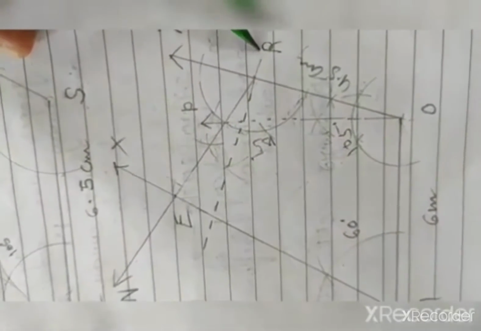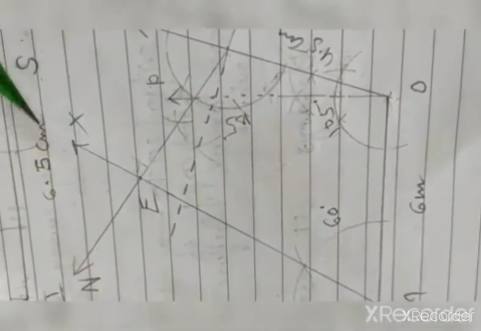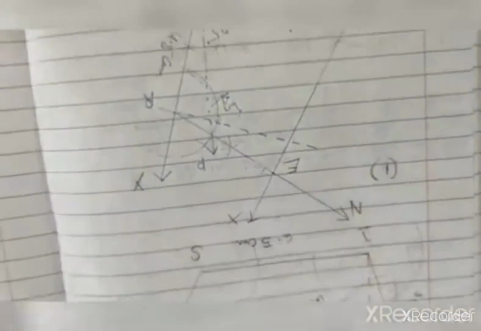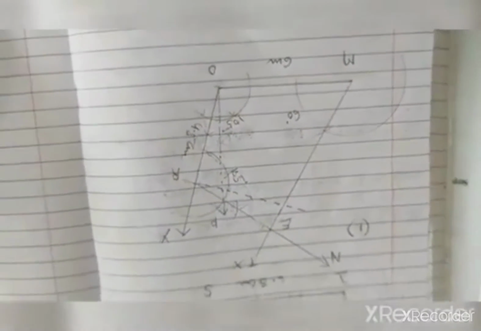So RZ, the ray you are getting, and extend this ray MX also. Both the rays will intersect at a point E. So MORE is your required quadrilateral. You can see in this way.